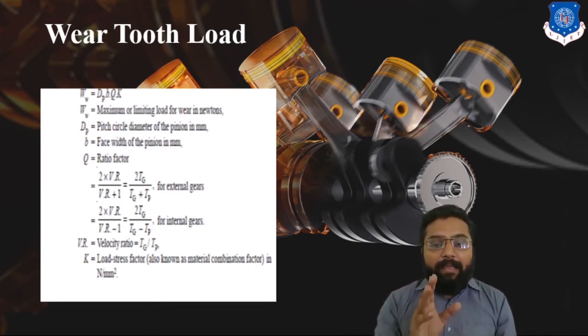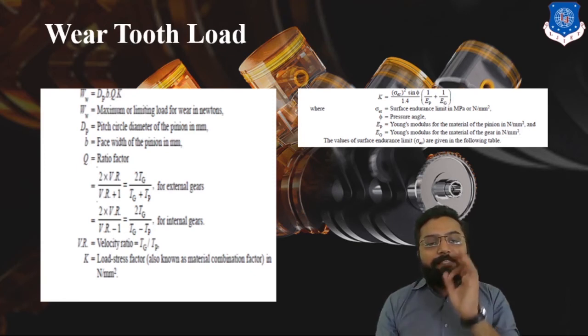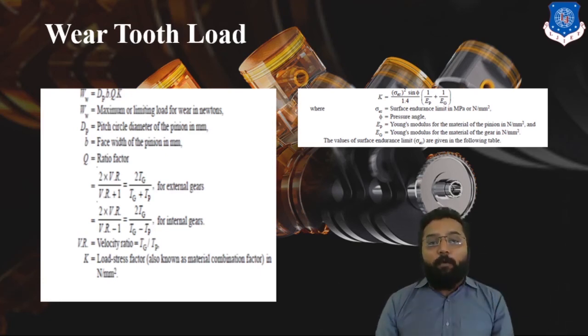And K is the load stress factor, which is represented by sigma E squared into sine phi upon 1.4 into (1 upon EP plus 1 upon EG), where sigma E is the endurance strength for the particular material, phi is the pressure angle, and EP and EG are the Young's modulus for the pinion and gear. Clear?